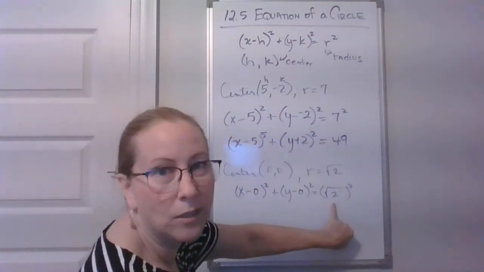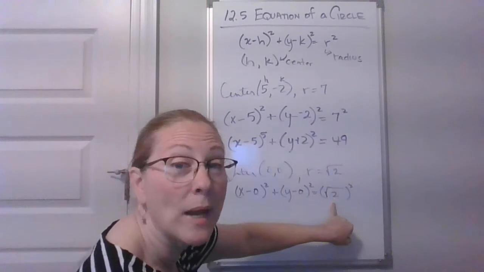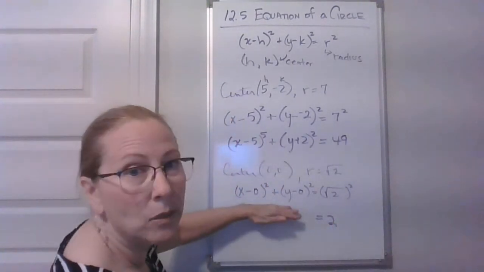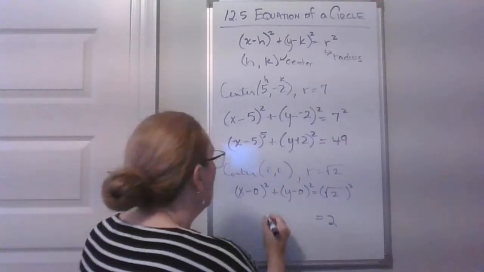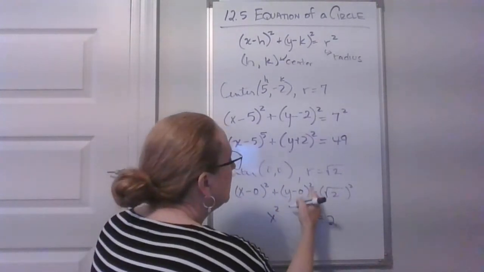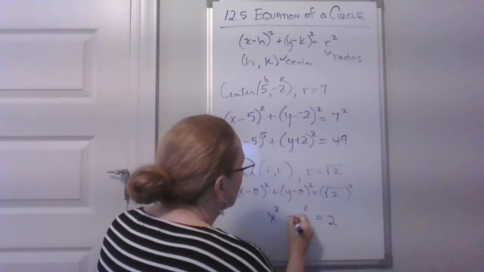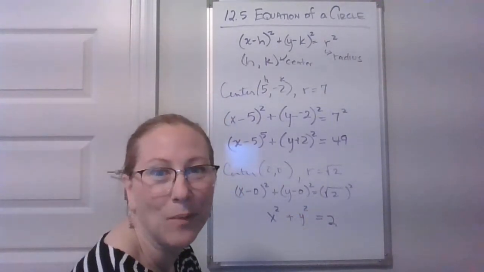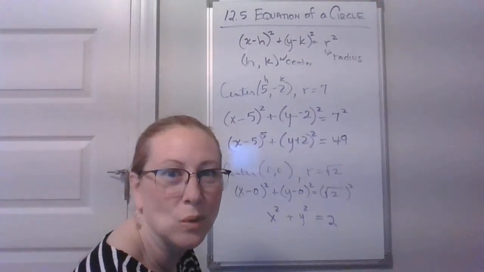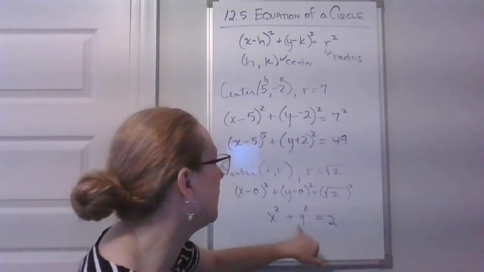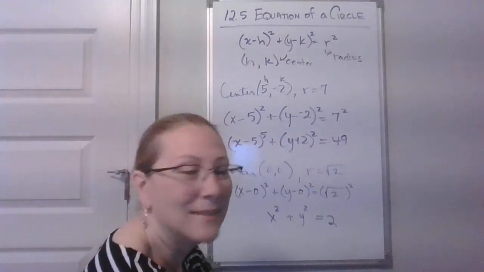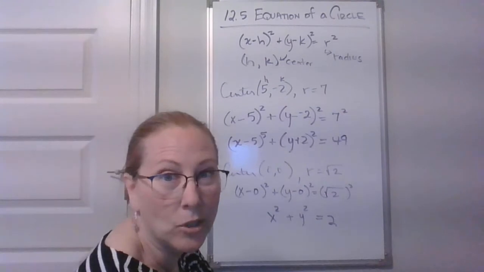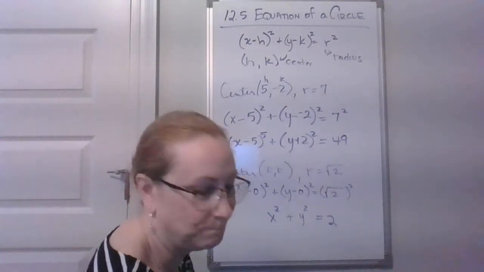Well, you don't need to plug that into your calculator because we know if you have a radical squared, it's just the number. But what do we do here? Well, we know x minus 0 is x, and y minus 0 is y. So this one simplifies down, and it almost looks like a Pythagorean theorem problem, but it's not. It is a circle. We only have x squared and y squared when the center is at (0, 0), so that would be at the origin of the coordinate plane.